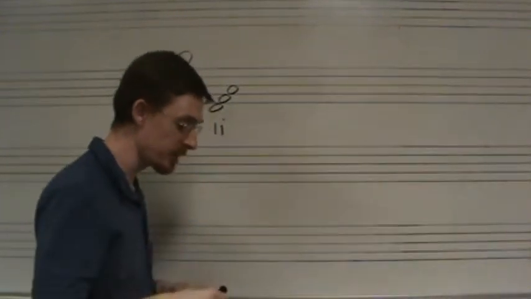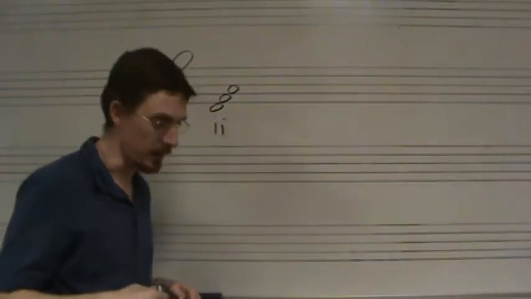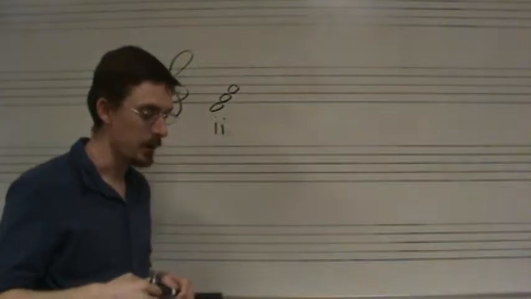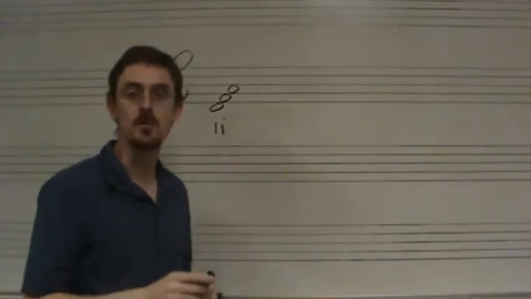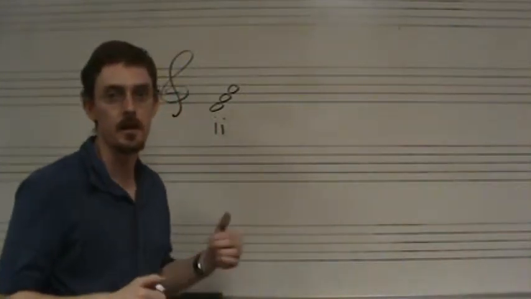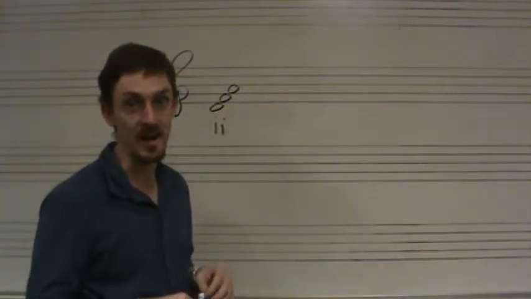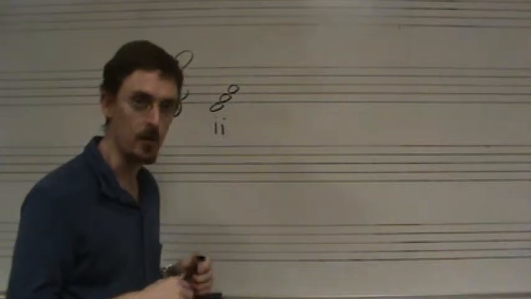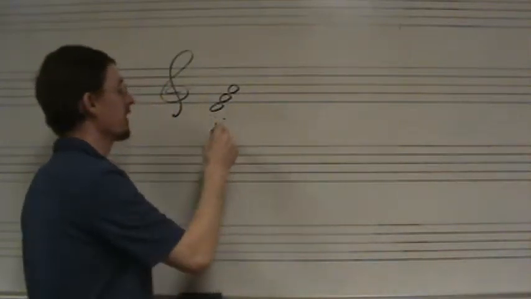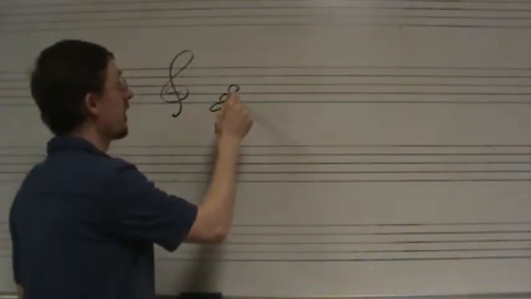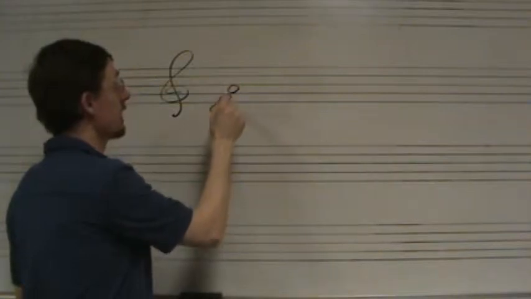The 2 chord, like the 4 chord that we've already outlined before, is a predominant chord, a chord that precedes some sort of dominant function, whether it be 5 or 7, which we have not learned to outline yet in solfege. So it has re, fa, la, re, fa, la.